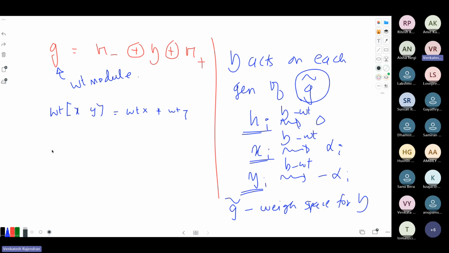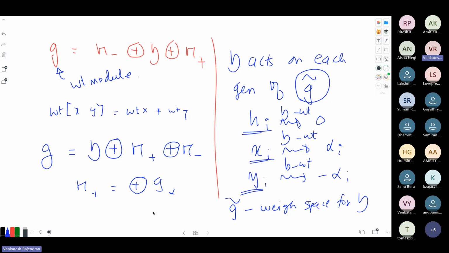In particular, you have this decomposition of G into root spaces. So you can write it as h direct sum n plus direct sum n minus, but n plus you can write as direct sum of G alpha. Alpha now comes from only the positive side, because as before you just define it to be non-negative linear combinations of alpha.